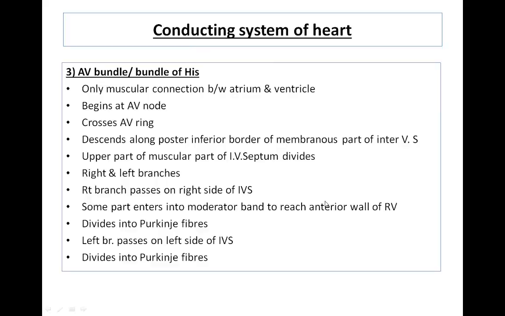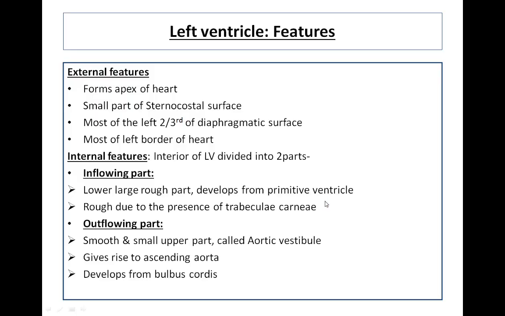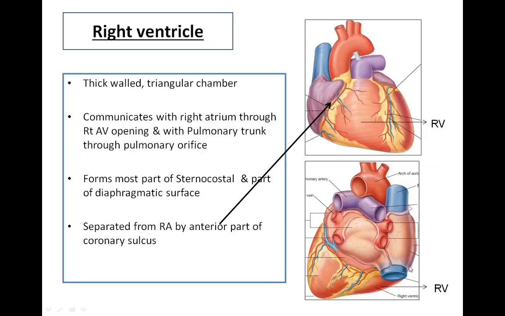Okay, now go to the previous diagram. See here, the right coronary artery is coming this way in the posterior part of your coronary sulcus. Now this is our right ventricle, this is our left ventricle. This is our posterior interventricular groove, and our posterior interventricular artery is here.